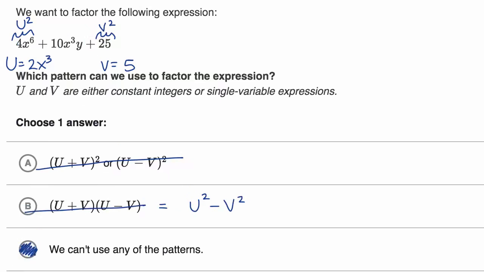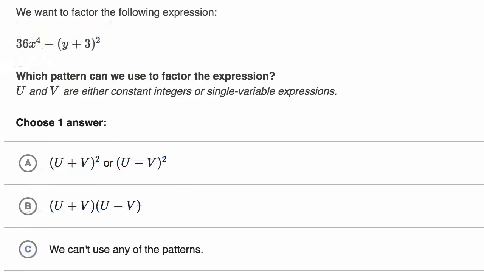Let's do yet another example. And I encourage you, pause the video and see if you can work this one out on your own. So same idea, they want to factor the following expression. And this one essentially has 2 terms. We have a term here, and we have a term here. They both look like they are the square of something, and we have a difference of squares. So this is making me feel pretty good about this pattern, but let's see if that works out.